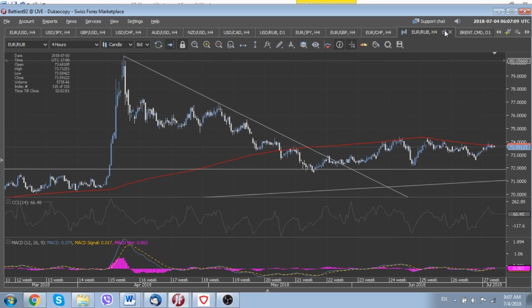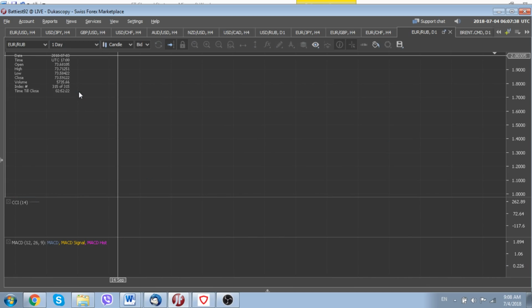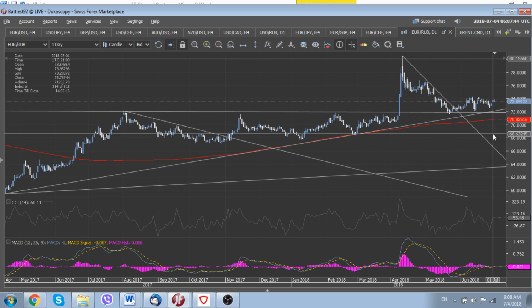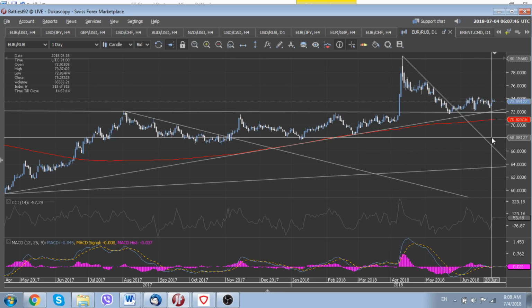Let's see the situation with the euro ruble. Here the market is currently trading inside a rather tight range between 71.70 and current highs around 74.35, and we have been inside that range starting from the middle of May, more or less. Also we need to analyze a longer term picture, and the longer term picture is still in favor of another rebound in the currency.